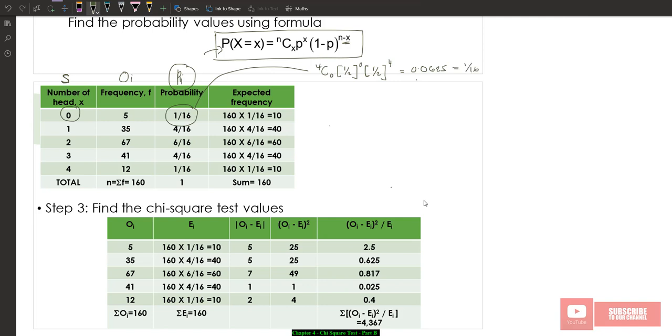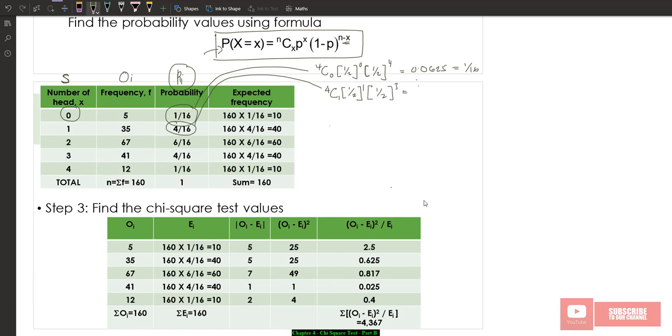Same goes for the second row of the probability. You can calculate using the same formula of the binomial distribution: 4 choose 1, 1 over 2 power of 1, multiplied with 1 over 2 power of 3.